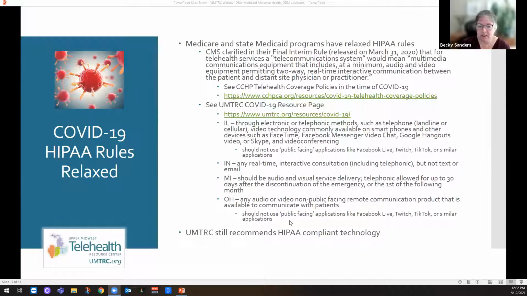And if you have questions about that, certainly you can send emails my way. The top 4, and again, we have to be vendor agnostic because we're federally funded, but the top 4 HIPAA compliant video conferencing platforms that we hear of in our region include Doxy.me, Doximity, Microsoft Teams, and Zoom.